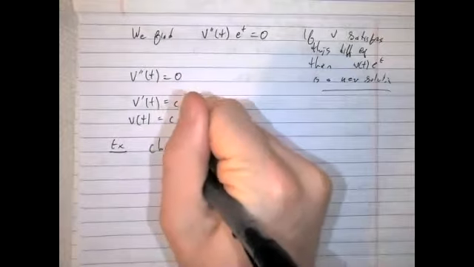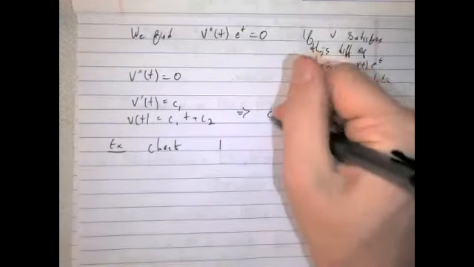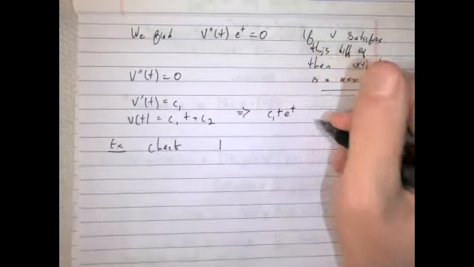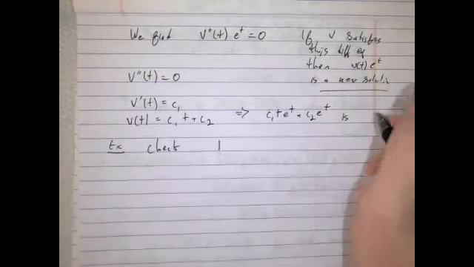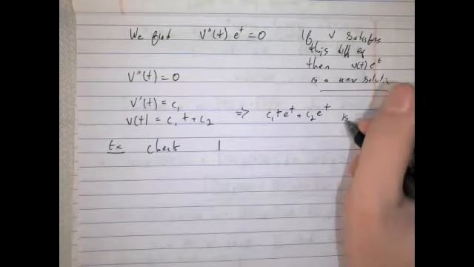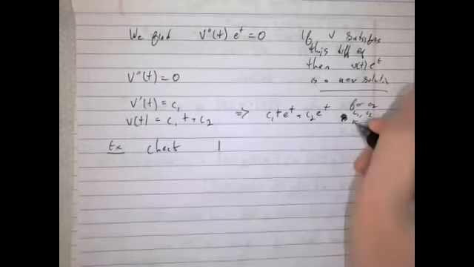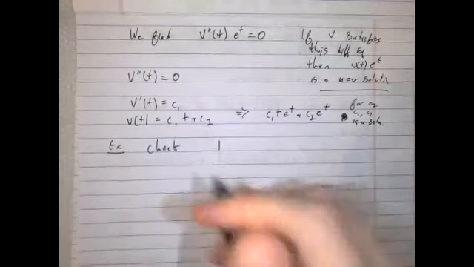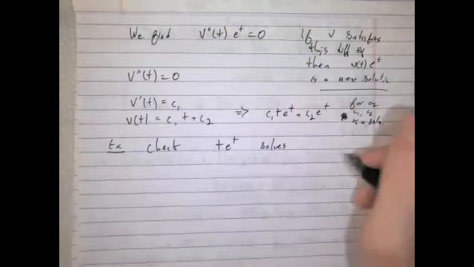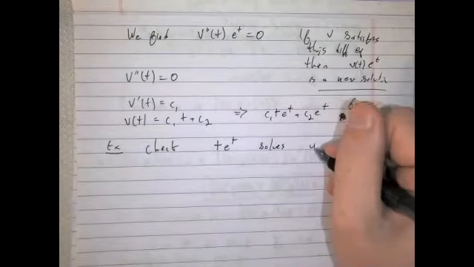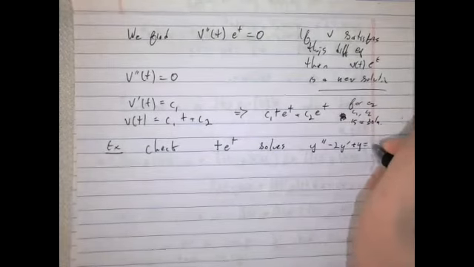Here what I'm saying is c1 t e to the t plus c2 e to the t, for any constants c1 and c2, is a solution. What I'd like for you to check is that t e to the t solves our original differential equation, which is y double prime minus 2y prime plus y is equal to 0.